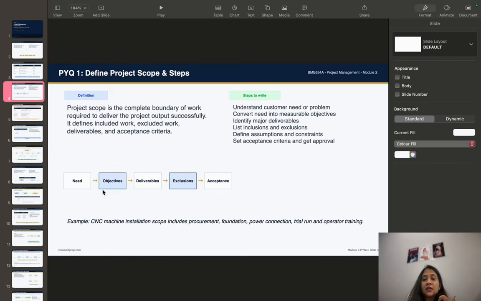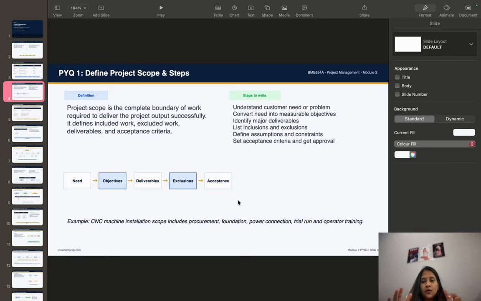Third is deliverables, to identify the deliverables. Fourth, list the inclusions and exclusions. Fifth is to define the assumptions and constraints. And finally, set the acceptance criteria and get the approval.